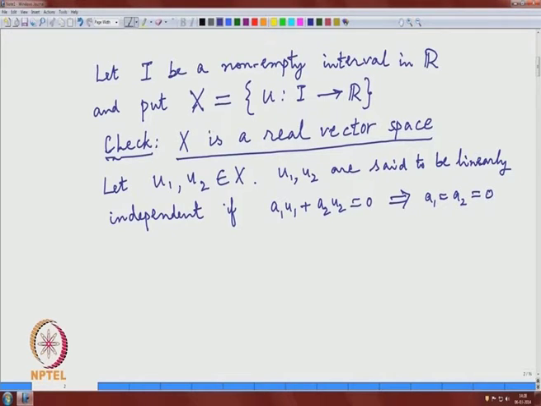The only thing we have to remember here is what is meant by this. So, this is 0 in X.